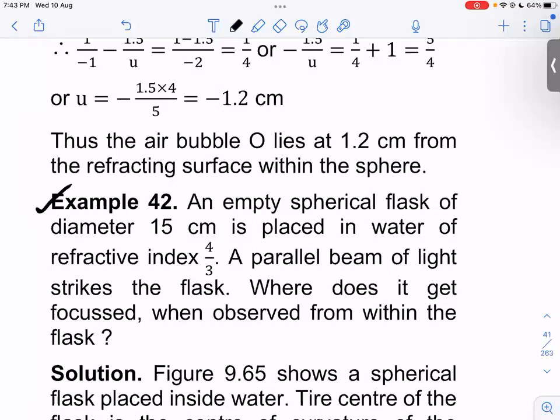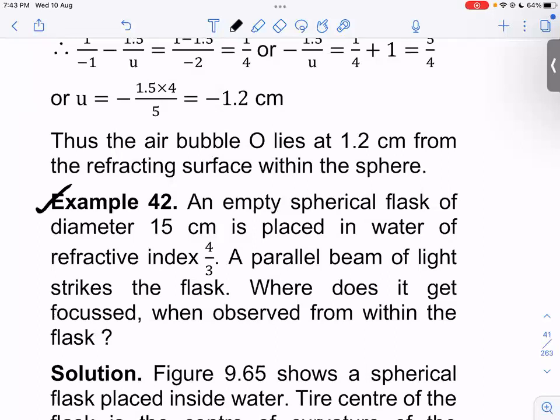So when you take a parallel beam of light along the principal axis, focus. But what kind of a surface does it form? Is it forming a concave surface or a convex surface? When the spherical flask is bulged outside, is it going to form a concave or convex surface?